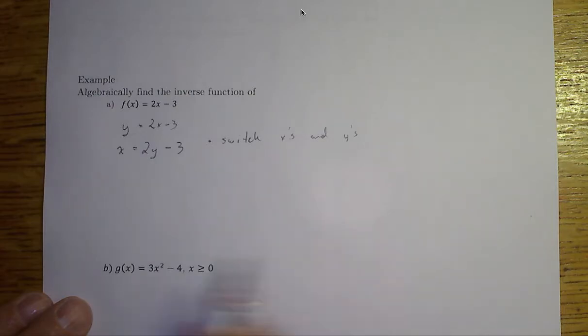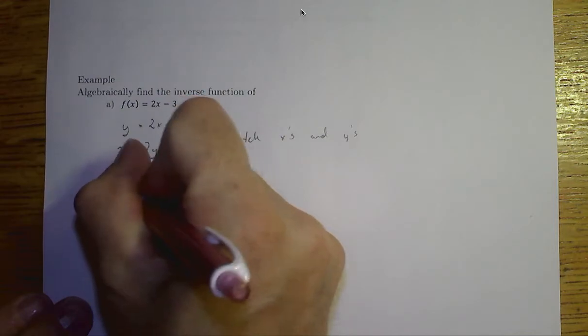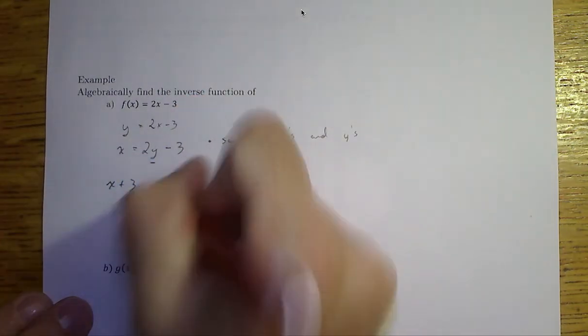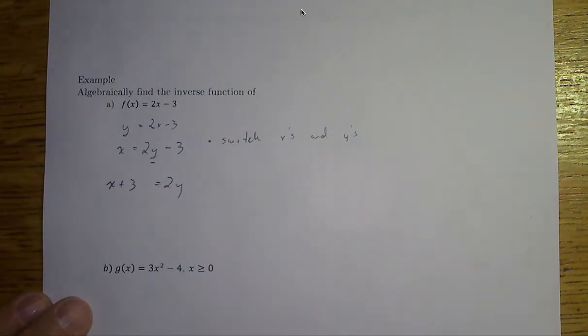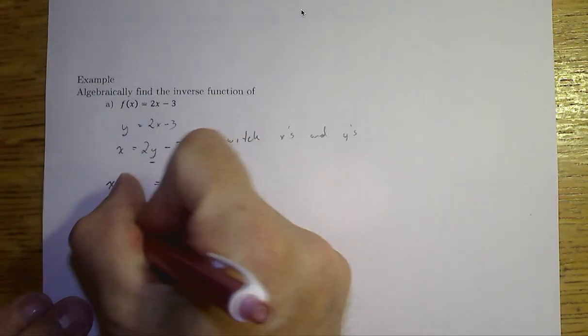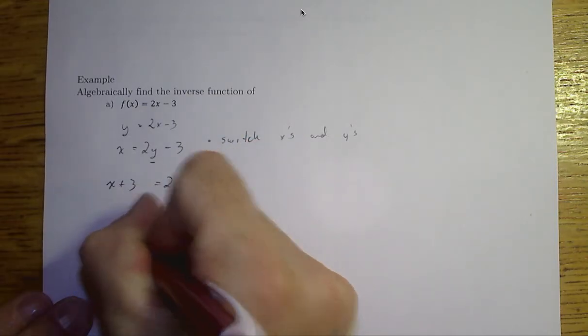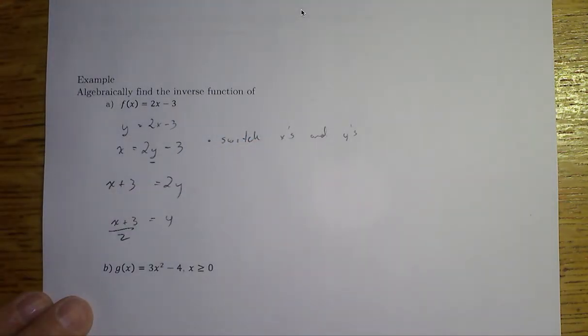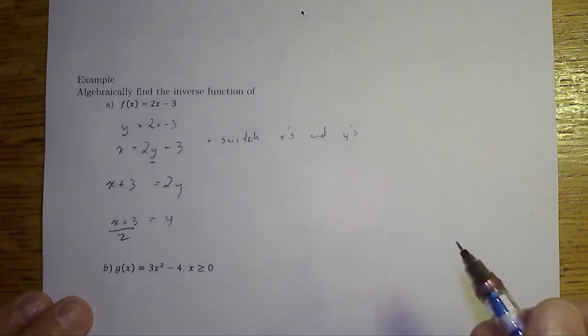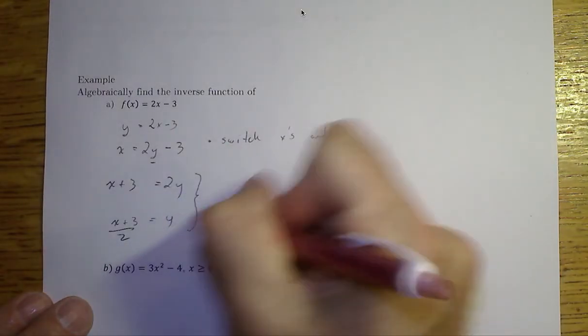To get y all by itself, I would probably add 3 to both sides. The next step that I would do is probably divide both sides by 2. So really, this is just isolating y.